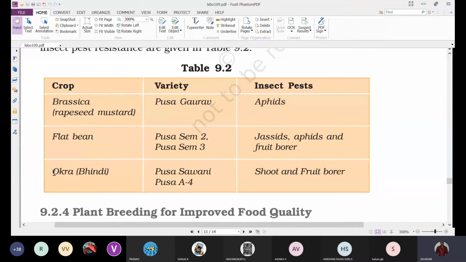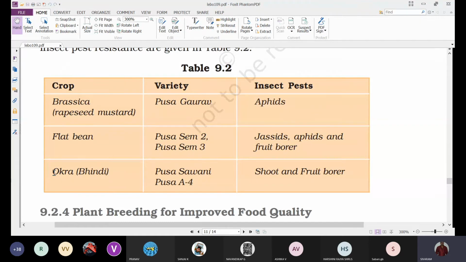And they developed varieties of bindi, that is okra. In some places they call it okra and in some places they call it bindi. They developed two varieties called Pusa Savani and Pusa A4.